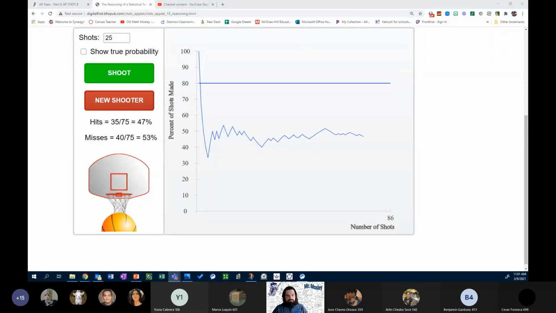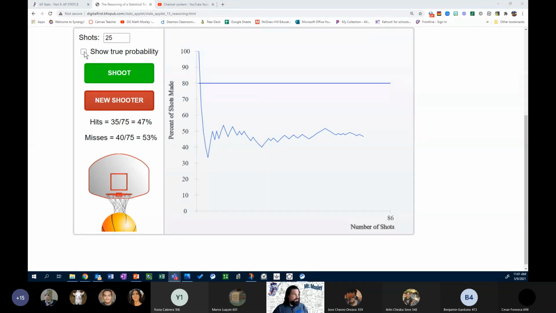Or do we have pretty good evidence to say he's probably exaggerating? What do we think? Yeah, it's not looking so good for his claim, right?